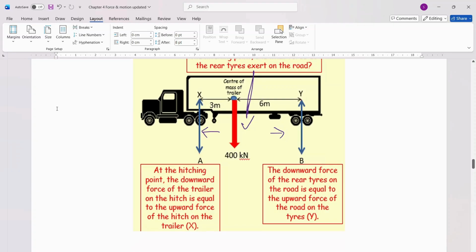At the hitching point, the downward force of the trailer on the hitch is equal to the upward force of the hitch on the trailer. That's why it's standing. If it is not balanced, it will tilt. The downward force of the rear tires on the road is equal to the upward force of the road on the tire, Y. Again, this is also balanced.